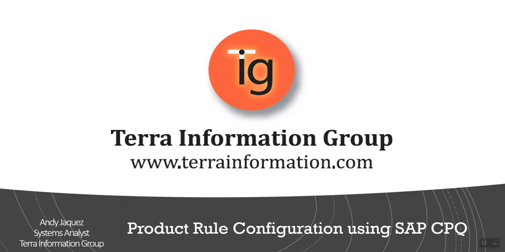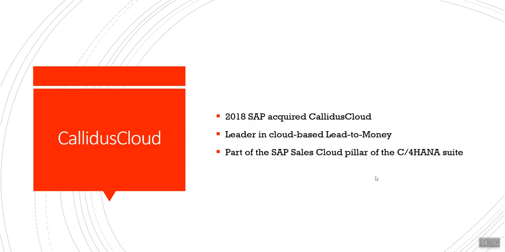I am a systems analyst with Terra Information Group, and today I'll be going over the product rule configuration using SAP CPQ. So to jump in, I'll just be giving you a little bit of information about SAP. In 2018, SAP acquired Callidus Cloud, the leader in cloud-based lead-to-money, quote-to-cash solutions.